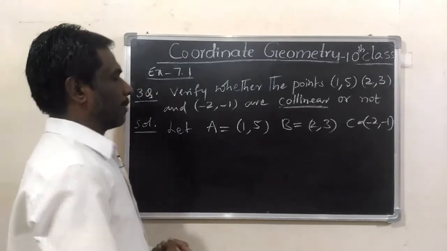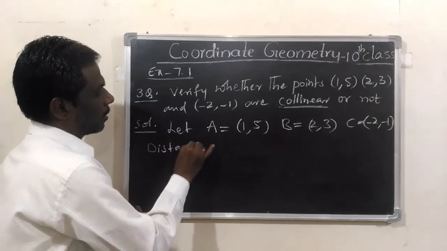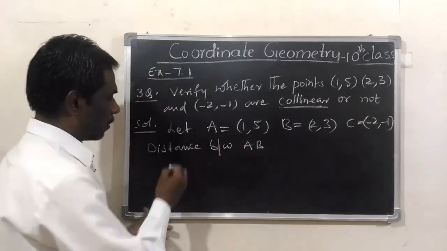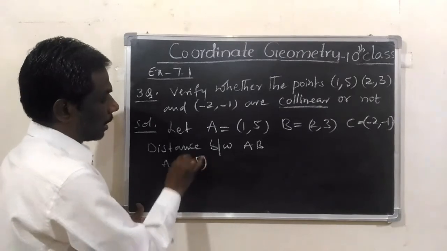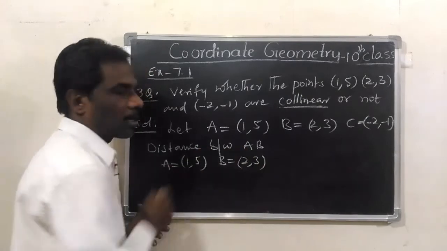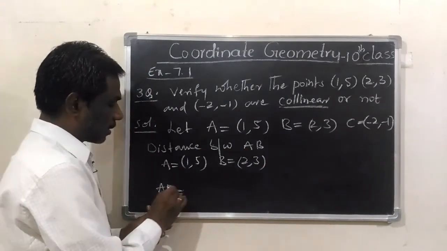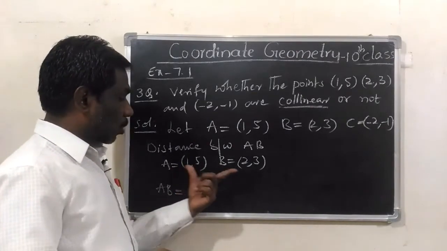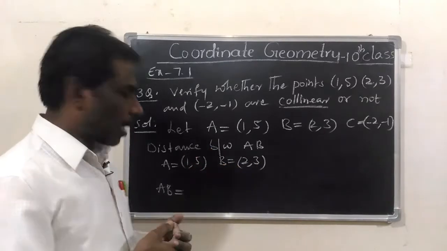So first I am going to find the distance between A and B, where A is (1, 5) and B is (2, 3). Before I find the distance, I will check their coordinates. The x coordinates are not equal, and the y coordinates are also not equal.